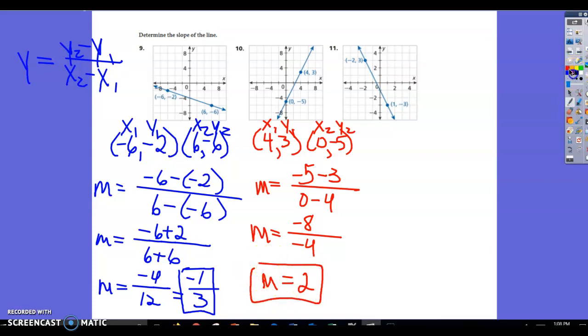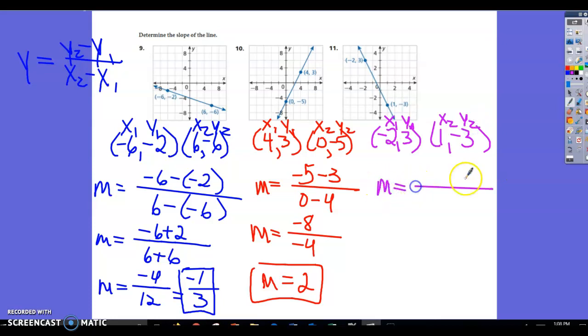Alright. For the last one, we have -2 and 3, and we have 1 and -3. Again, this is my x1 and y1. This is my x and y from my second point. And I'm going to plug my numbers into my formula. So I've got y2 minus y1 over x2 minus x1.